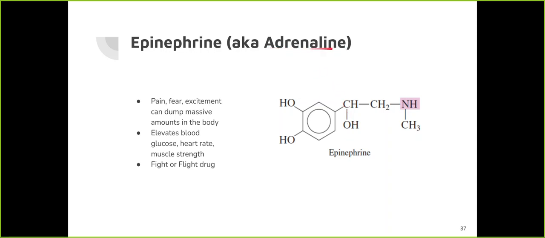We're all pretty familiar with that. When you are in pain, fear, or excitement, your body can dump massive amounts of this, and it gives you tons of energy all of a sudden in a big burst. And it elevates your blood glucose level, so you're getting that sugar boost.